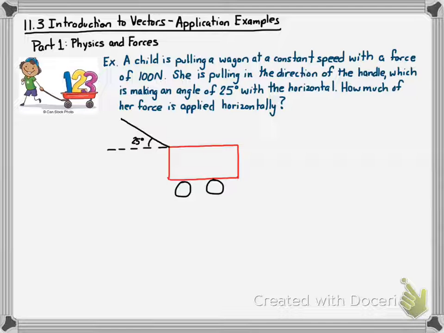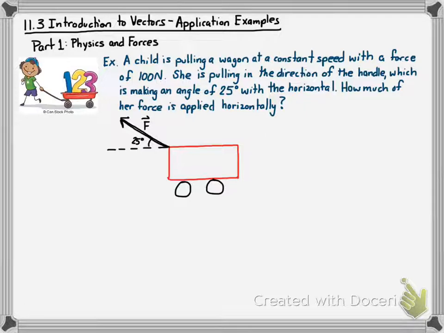Now the idea is that the wagon is being pulled, and so the force is being exerted on the wagon, and we can draw that force with a vector that is pointing in the direction of the handle of the wagon.